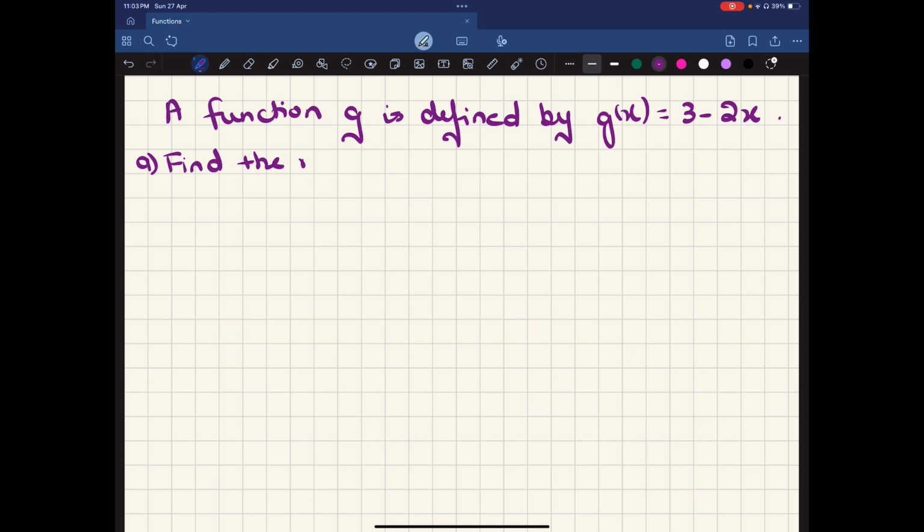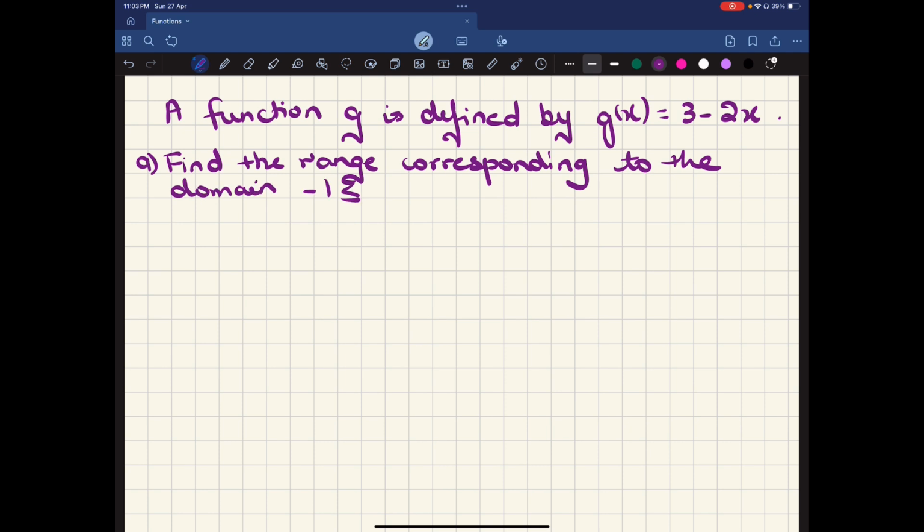Find the range corresponding to the domain x is greater than or equal to -1 and less than or equal to 2. Okay, so see here they've given us a continuous interval.